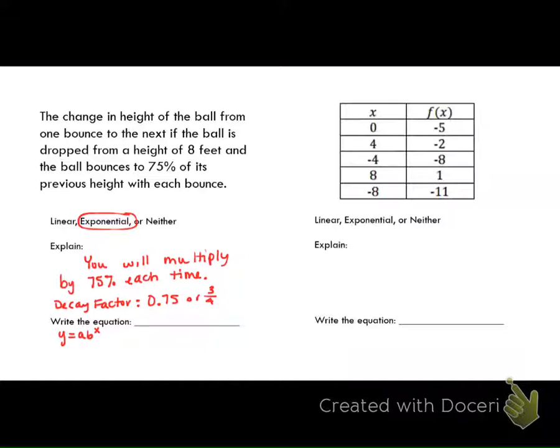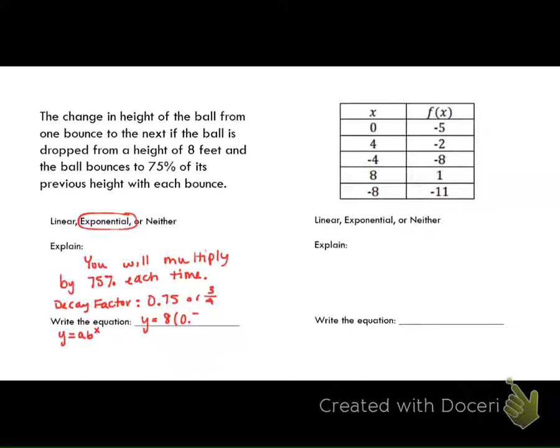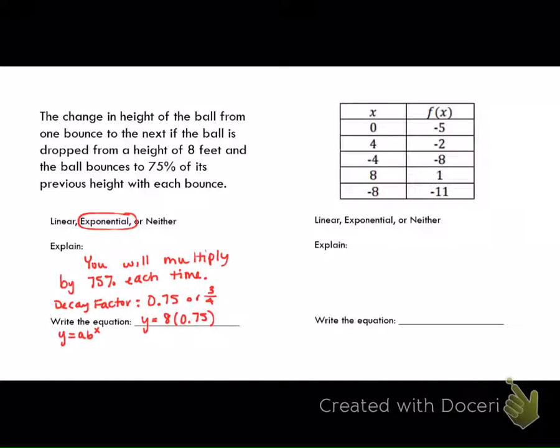So, Jillian, what is my equation? Y equals 8, good, and then in parentheses 0.75. Yep.